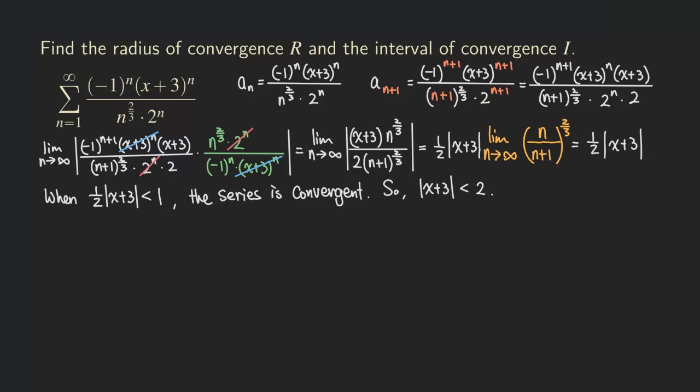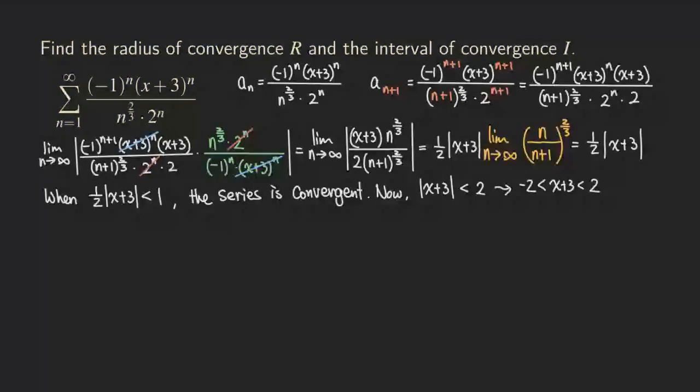And this actually tells us the interval. What is the interval right here? We can solve this inequality. Let's do a little bit of calculation. We have x plus 3 less than 2, greater than negative 2.